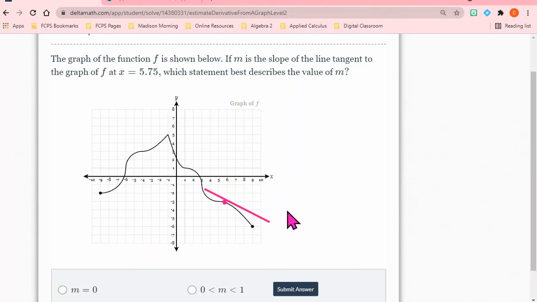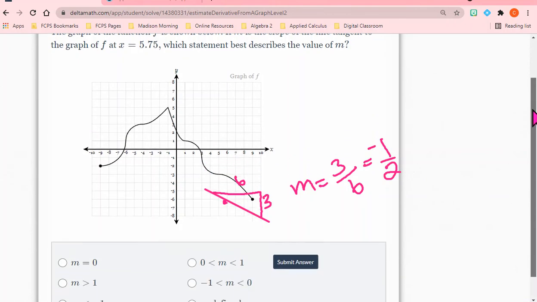Now, it should be a little closer to the curve. What do I think the slope of this line is? Just take your best guess. I'm just looking for some points here. 3, 3, 6. The slope is rise over run. It looks like my slope is negative 1/2. Negative. Check those pluses and minuses.